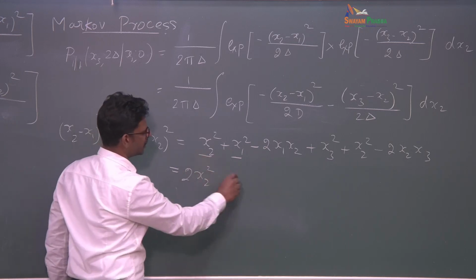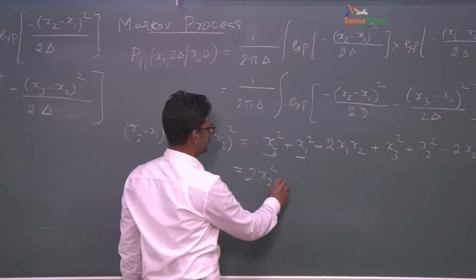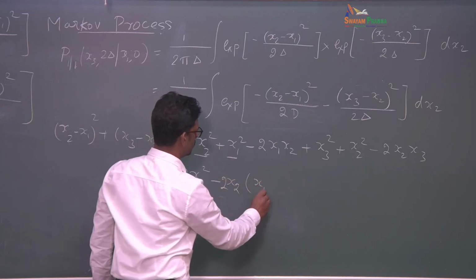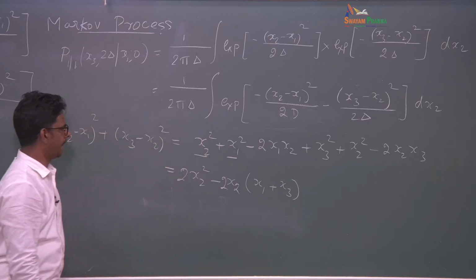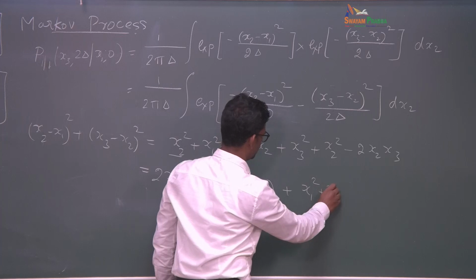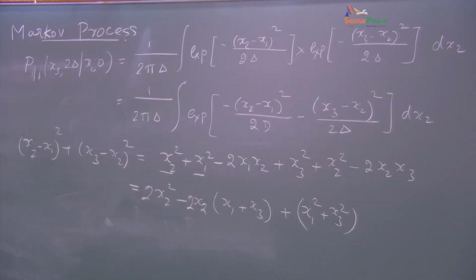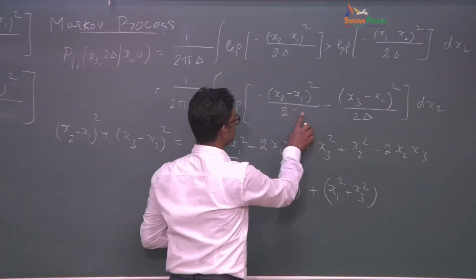There is one x2 square here and another here, so we have 2 x2 square, minus x2 into x1 plus x3, plus x1 square plus x3 square. And then this term is divided by 2 delta.